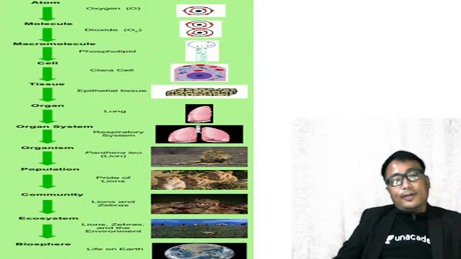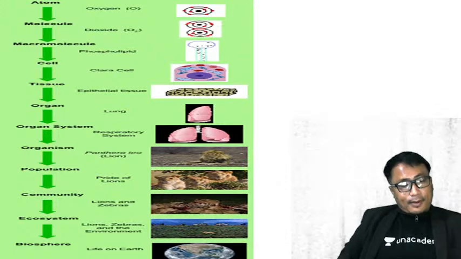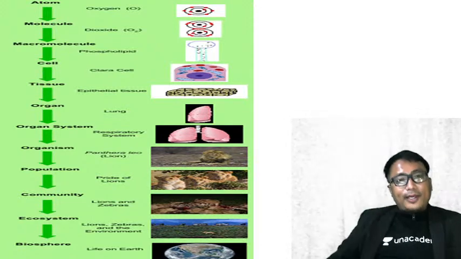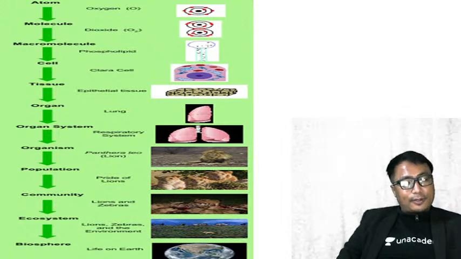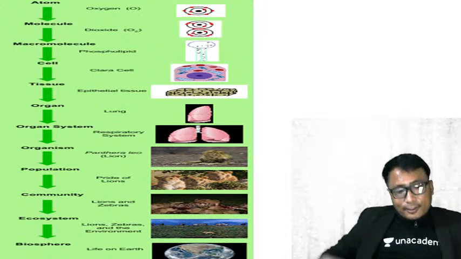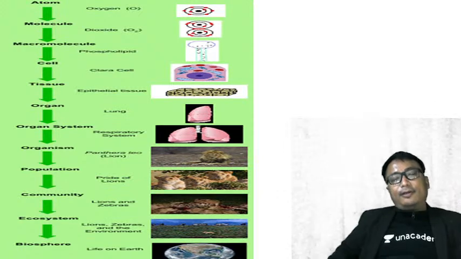At the top, you have the atom. Further up we can go subatomic, but this is just a diagram to let you know the subject matter of environmental geography. As I told you just now, we are trying to make a base over which we are going to study environmental geography.